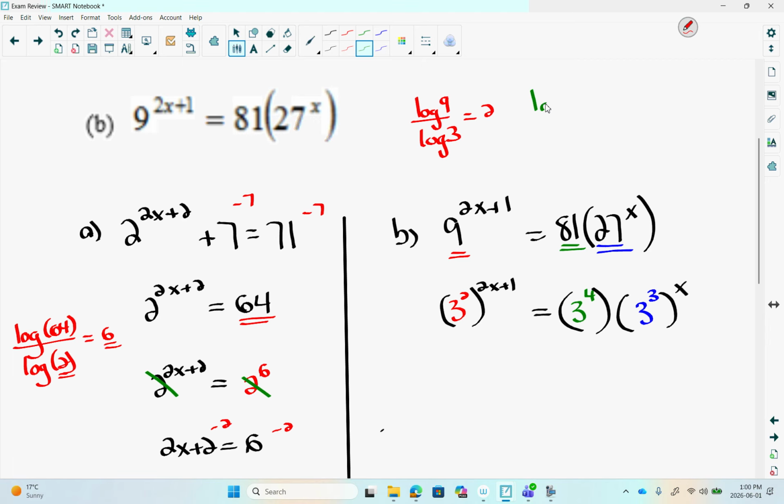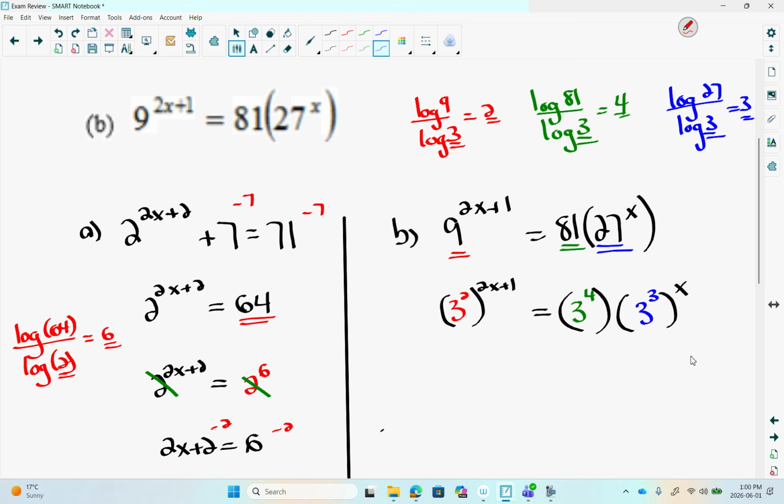You could do the log of 81 divided by the log of 3. That would give you 4. And you could do the log, or the natural log, of 27 divided by the log of 3, and that would equal 3. And I write base 3 to the exponent 2, base 3 to the exponent 4, base 3 to the exponent 3.